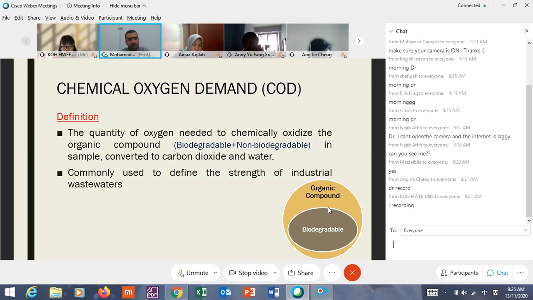So it makes more sense to use COD for industrial wastewaters, although we can use COD for both, for domestic wastewater, industrial wastewater, landfill leachate, any kind of wastewater. But mostly we concentrate on COD in industrial wastewaters.